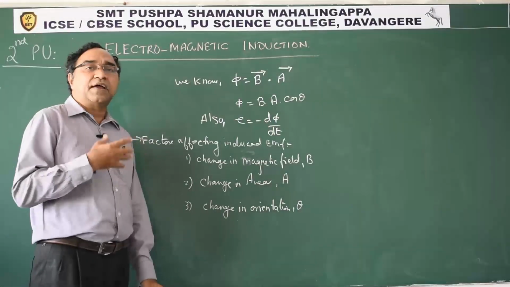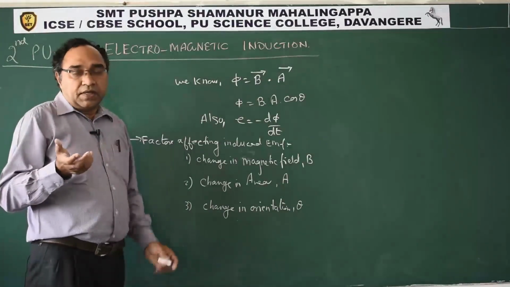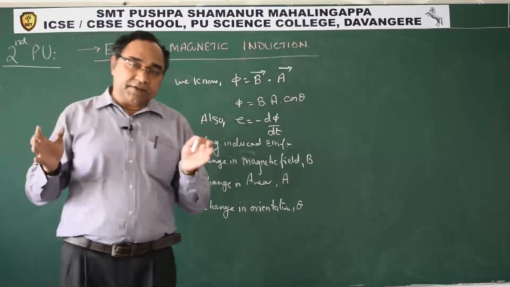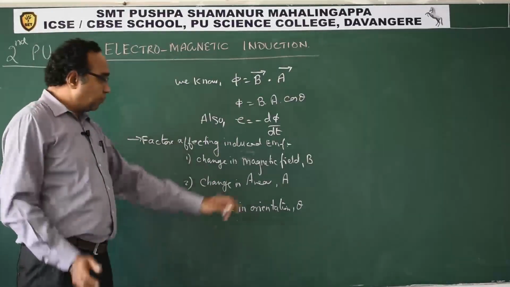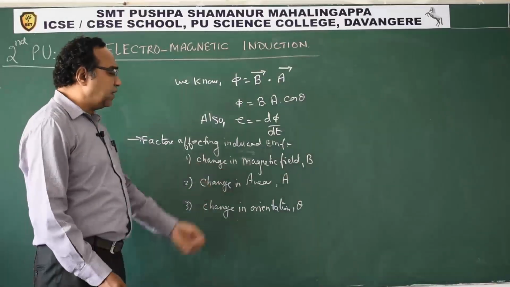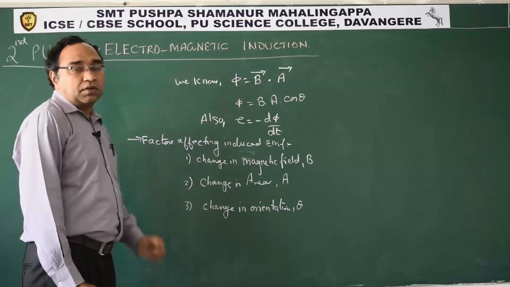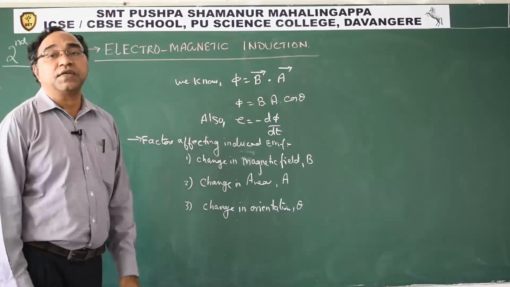Change in magnetic field means that we have to keep on changing the strength of the field. If I take one magnet, then the strength of that magnet is fixed. So B becomes fixed. So normally change in B is not taken as a good option for inducing EMF.